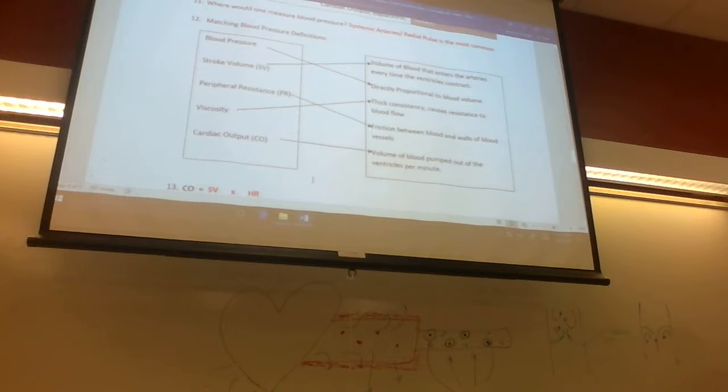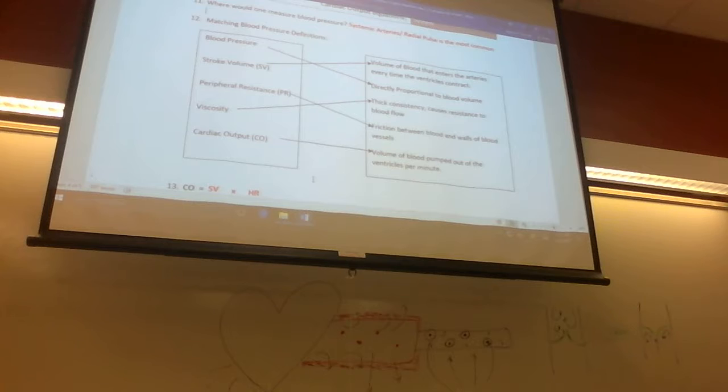One way to measure blood pressure is in your systemic arteries, but your radial pulse is kind of right here by your thumb. This is right where your radius is, your bone. Think about radical, right? You put thumbs up, radical. The thumb side is your radius. So your radial artery is on your thumb side, because the radius is the bone right here.